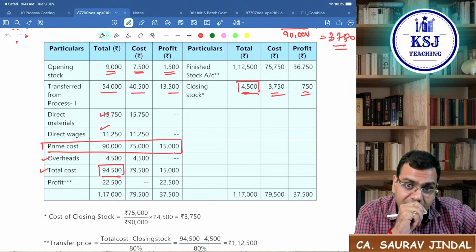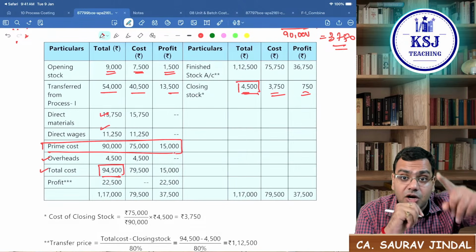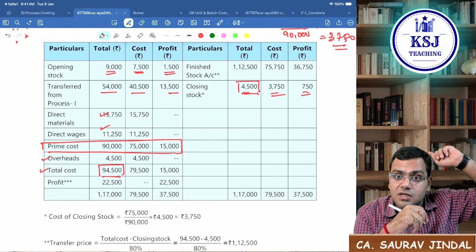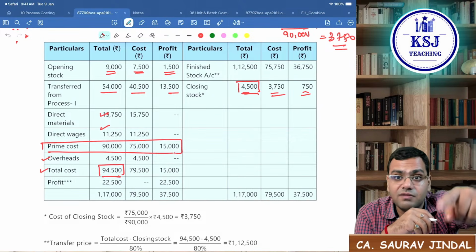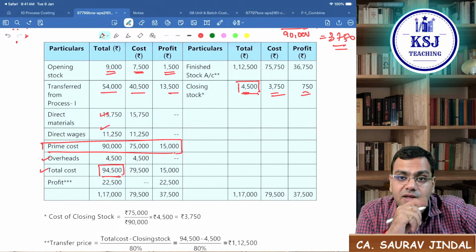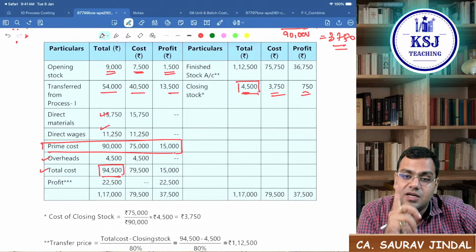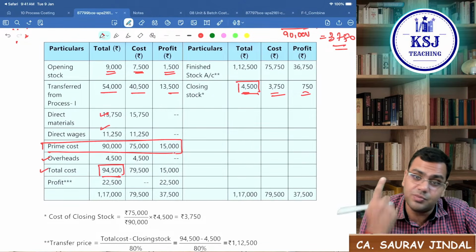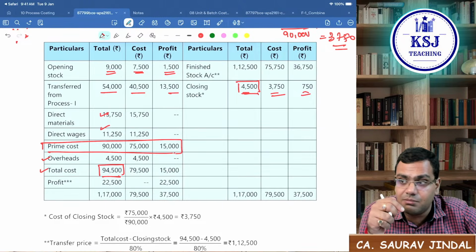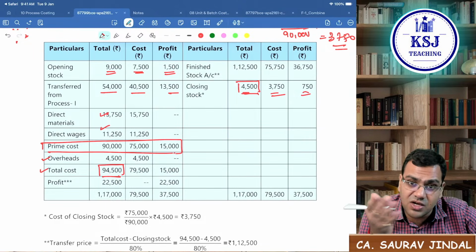Just listen very carefully. What profit element are we showing? It is the profit for the previous process. For this process, it will become a cost only. This 1,500 and 13,500 is a profit for process 1. For process number 2, it is a cost only.